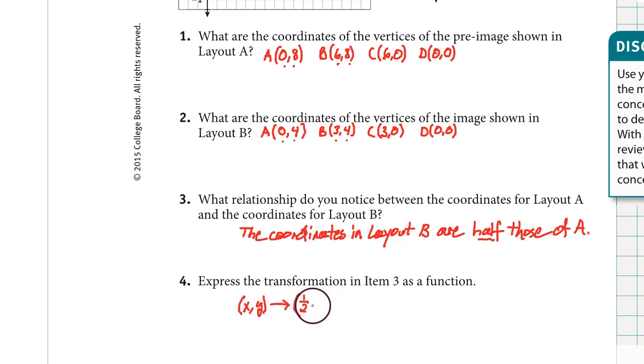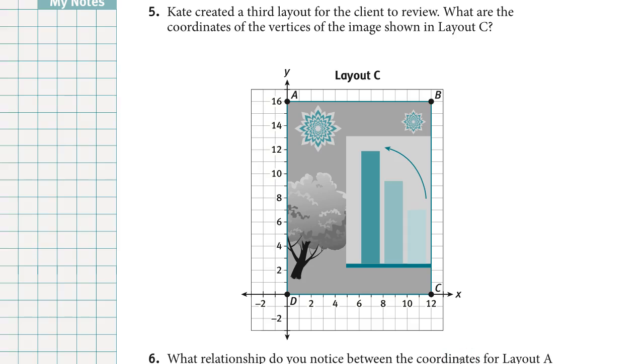In this case, it's 1/2 of that original number. And that was the same for the y coordinates as well. The y coordinate in the new drawing is half the y coordinate from the original drawing. So here is our algebra function. So layout B was a reduction of layout A.